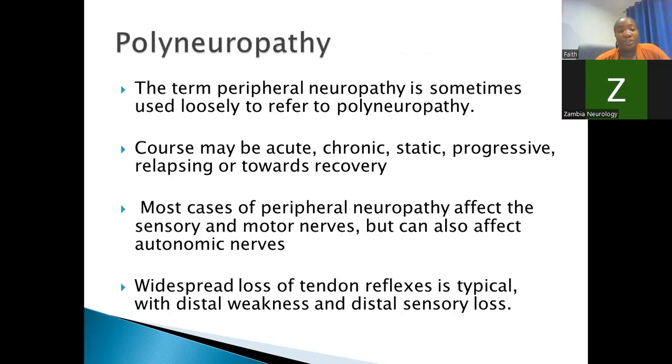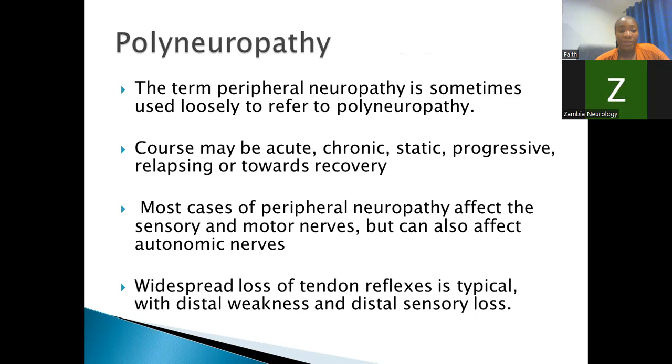And then when we talk of polyneuropathy, this term is sometimes used loosely, rather interchangeably with the term peripheral neuropathy. So many times people use the term peripheral neuropathy when what they actually mean is that the patient has a polyneuropathy.